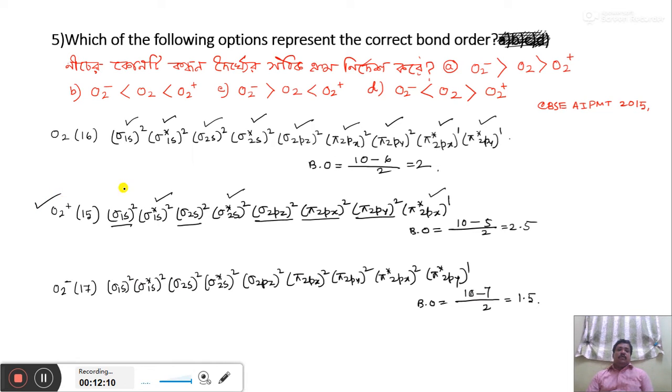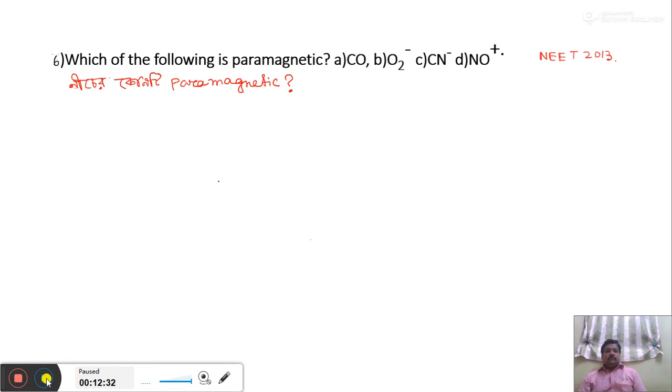So the highest bond order is shown by O2+, then O2 is 2, and the least is O2-. O2- bond order 1.5, O2 bond order 2, O2+ bond order 2.5. This is the correct order, and this order indicates option B is the correct one.